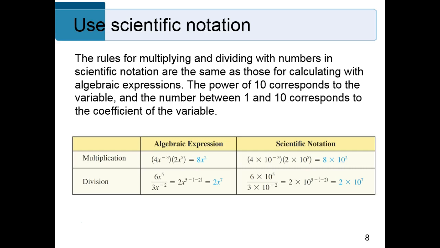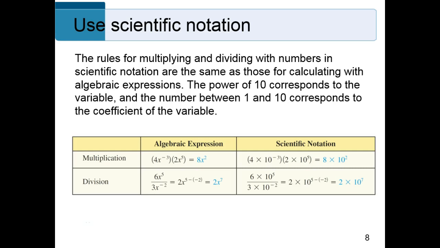Okay? Here, what would that be? Okay. I'm having trouble reading that. So x to the fifth, okay? I heard 2x to the seventh? Yes. 2x to the seventh. That's what the answer is.